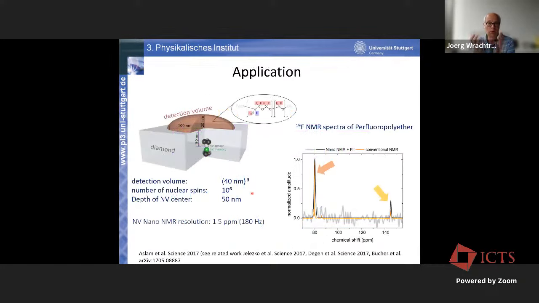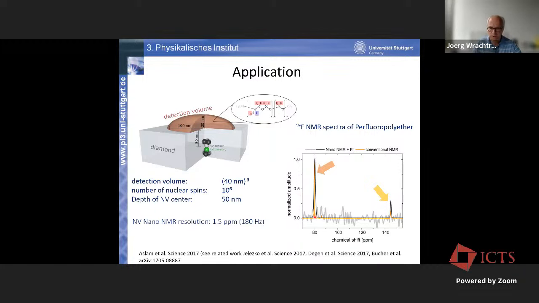And this is what we were applying to measure the nuclear magnetic resonance signal, or which we were applying to measure the Larmor precession frequency of different nuclear spins. And in this case, these nuclear spins were fluorine, which were at different parts of a molecule and thus experienced a slightly different local magnetic field.